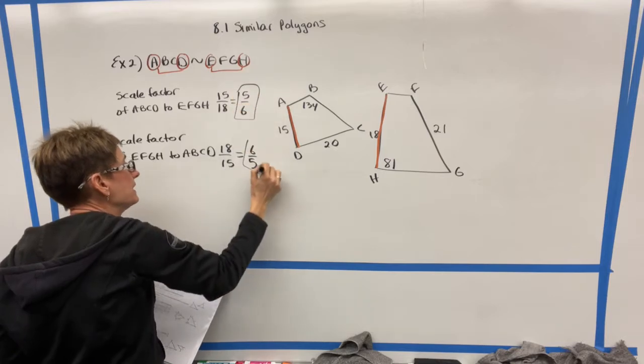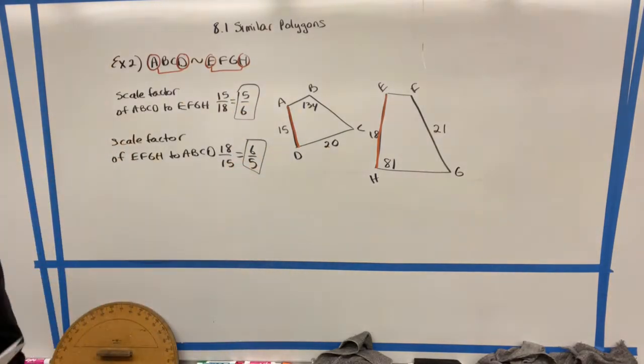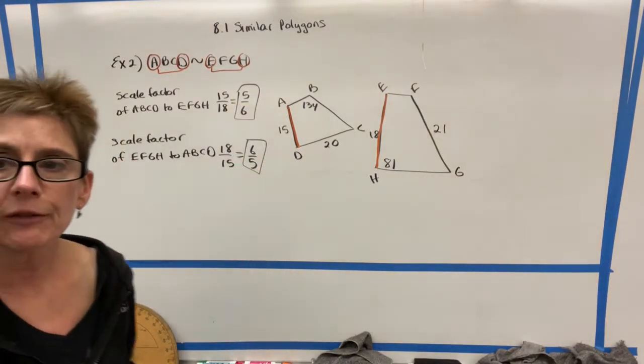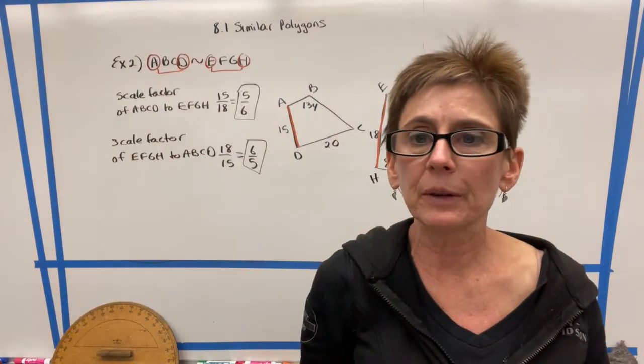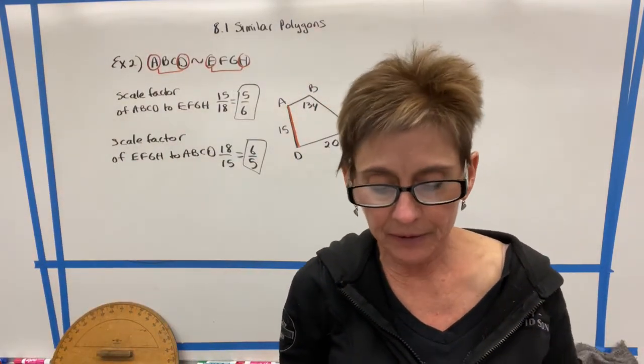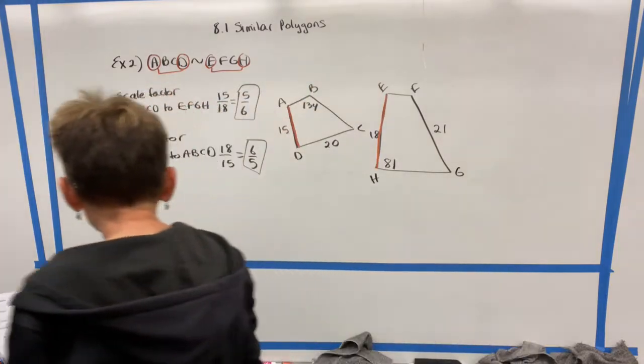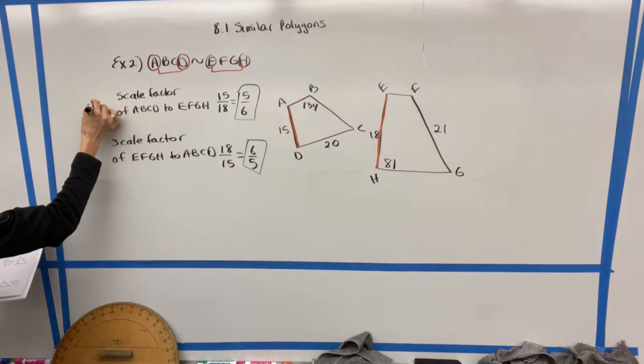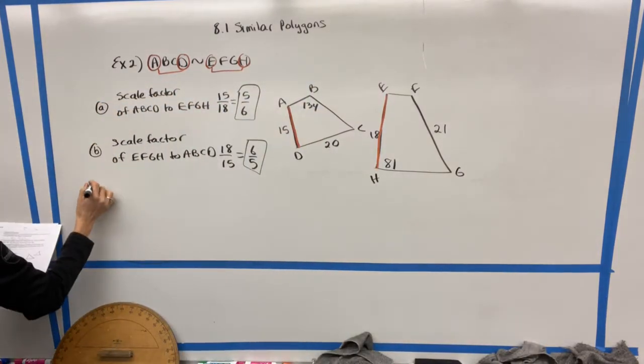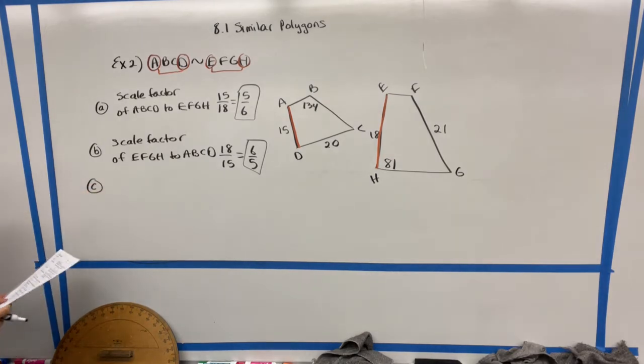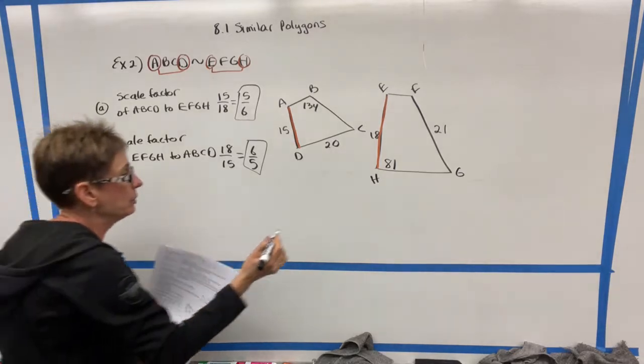Notice we're using the same numbers, but just the order that we write them in is different if we're going from left to right rather than when we're going from right to left. Now, the next statement, so this was part A of the question, this is part B. Part C of the question is asking us to find X. All right, let's go ahead and put X here.